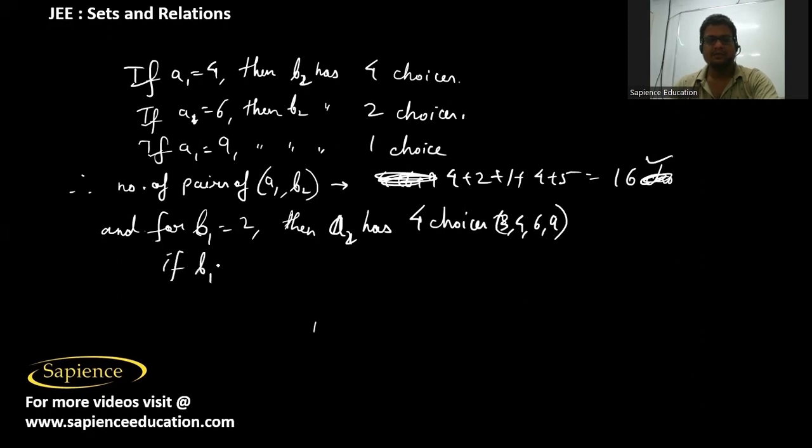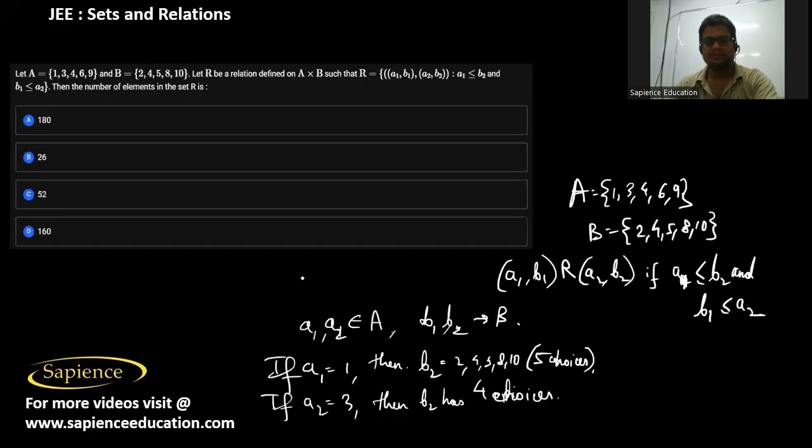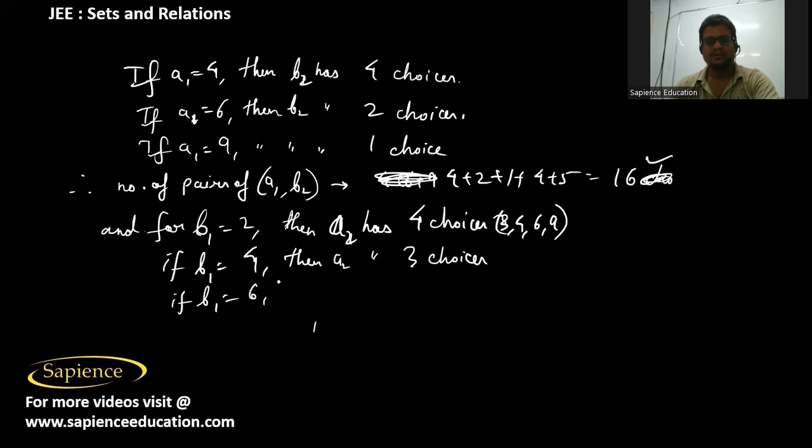Then if b1 is equal to 4, then a2 has 3 choices, which are 4, 6, and 9. And if b1 equals to 6, then a2 has 2 choices, which are 6 and 9.